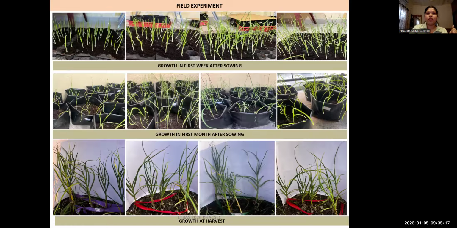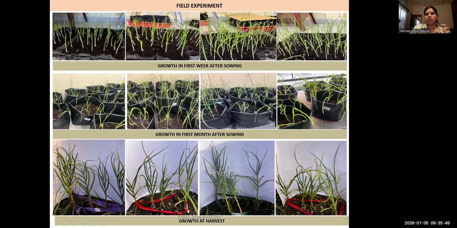So these are the results of the field experiment that I have performed. Initially, as I said, I used seed priming, where I poured Fe2O3 solutions of different concentrations onto the seeds that were kept for germination. Once germination started, I shifted those saplings to soil collected from a nursery.